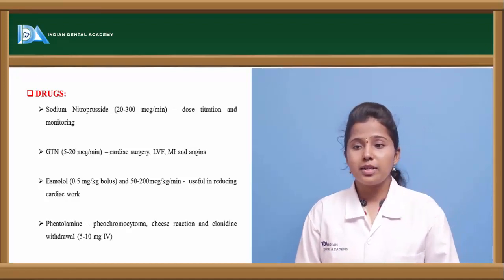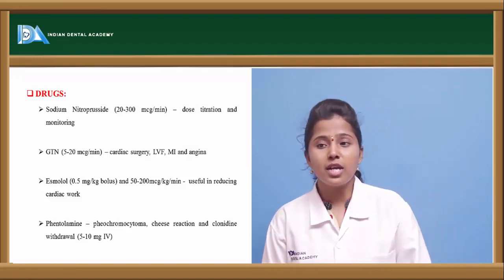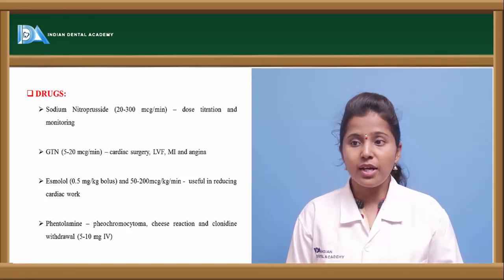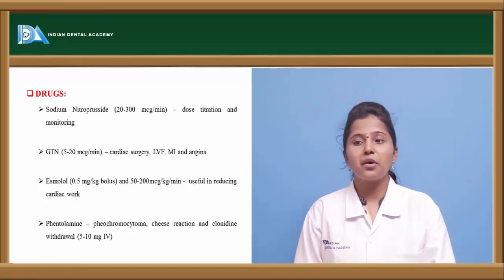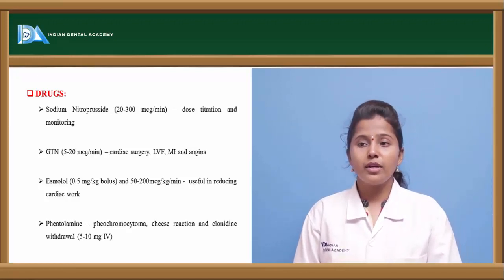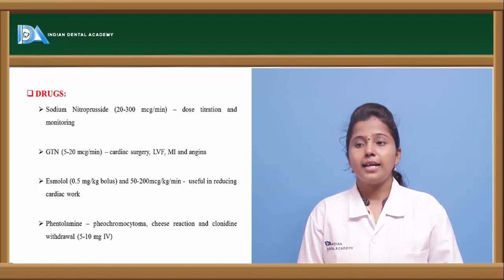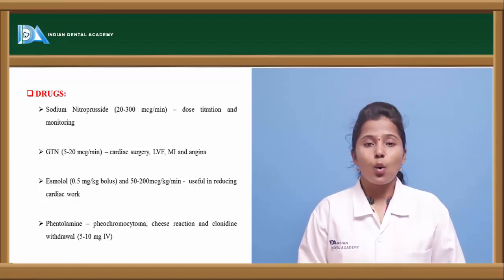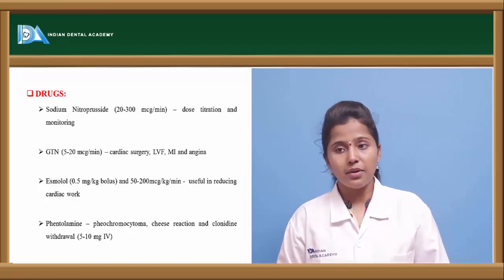And esmolol should be given in the dose of 0.5 mg per kg as an IV bolus, and 50 to 200 microgram per kg per minute based on body weight. It is useful in reducing cardiac work, that is, the excess stress on the heart can be reduced.